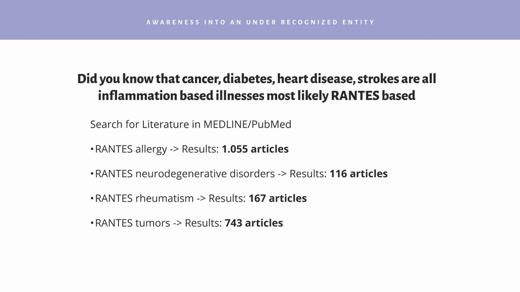And RANTES and tumors gives us this wonderful result of 743 articles. That means 743 medical researchers tried to find out the connection of tumors and RANTES expression.